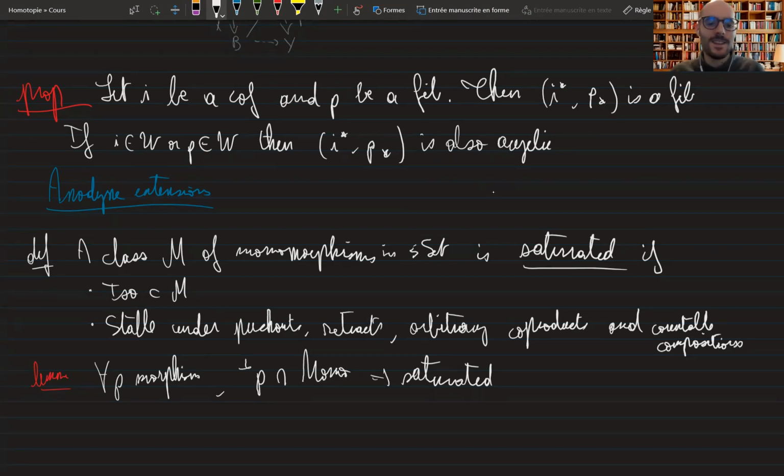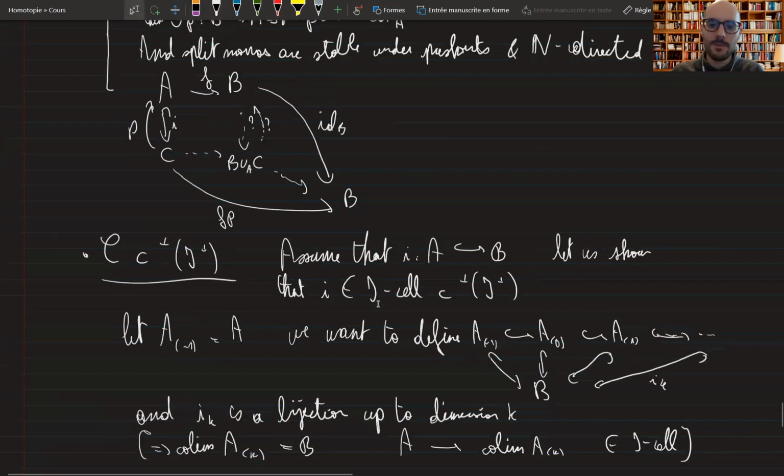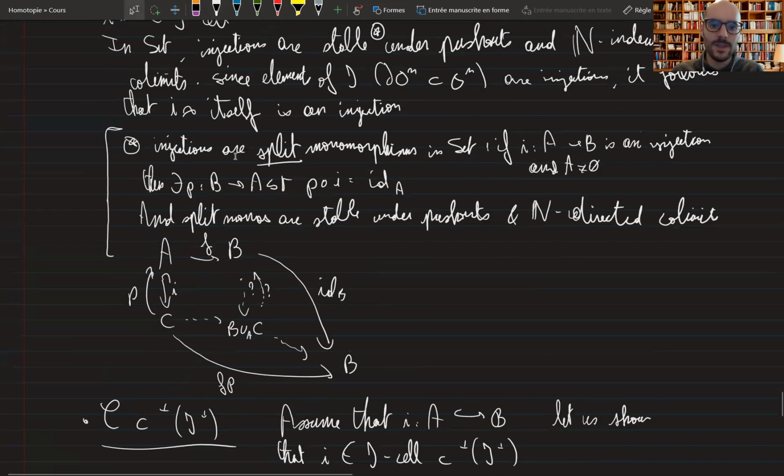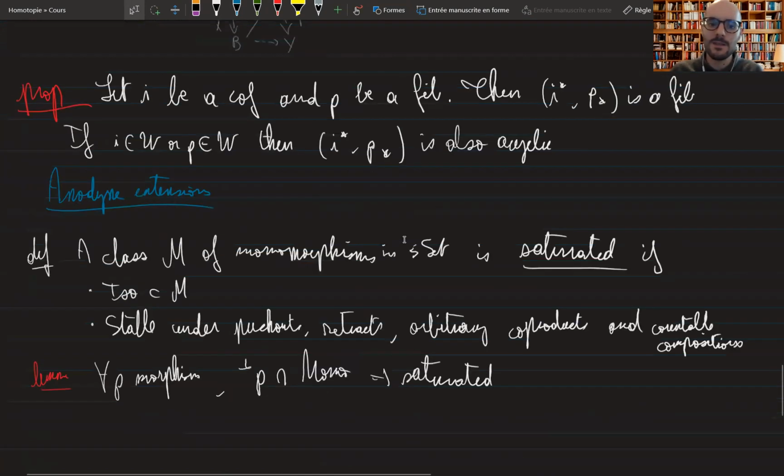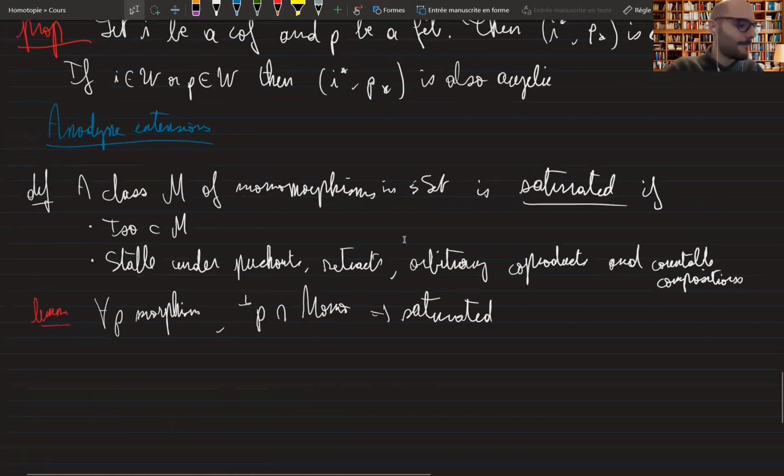But to prove that they are stable under push-outs and arbitrary coproducts, you have to use this statement that we did last time, that injections in sets are split monomorphisms. And so you can define a splitting that goes the other way around, and you have to use this fact. Okay. Is this statement okay? It's something we have seen a lot, right?